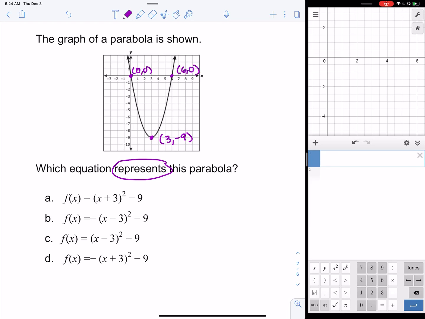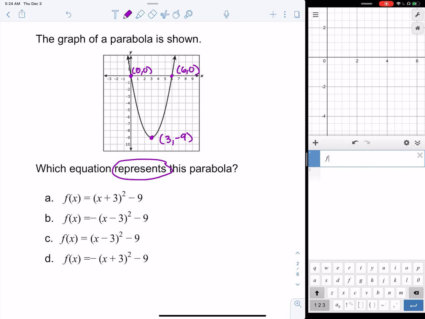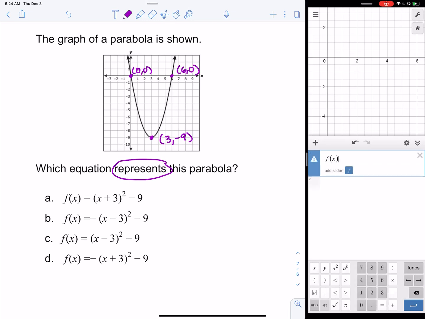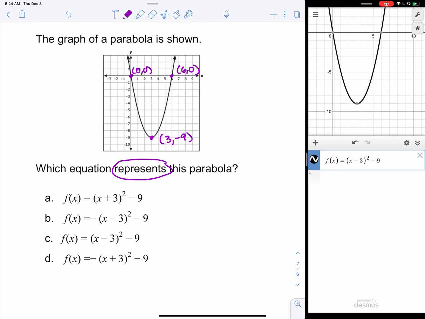So I'm going to graph A. So I'm going to put f of x equals (x minus 3) squared minus 9. So if I look at this parabola, where's my vertex? Very good. It's at (3, -9), so that's correct.